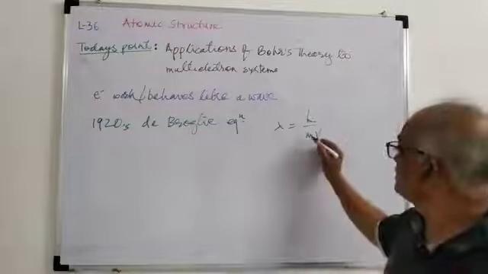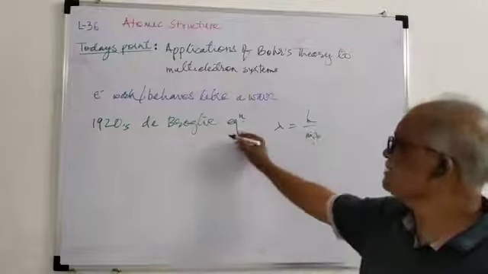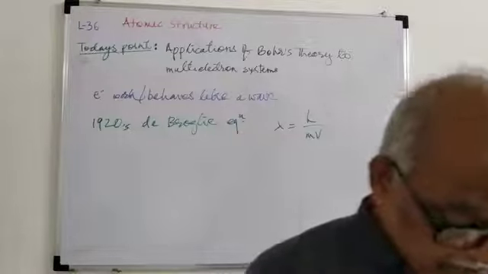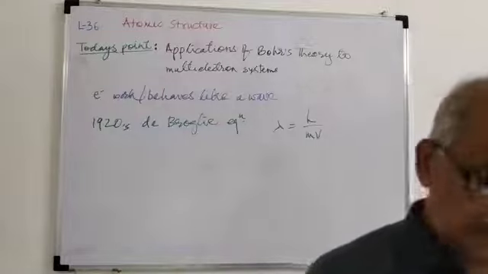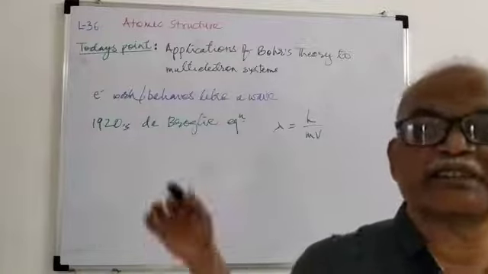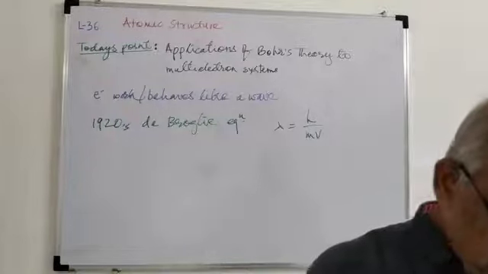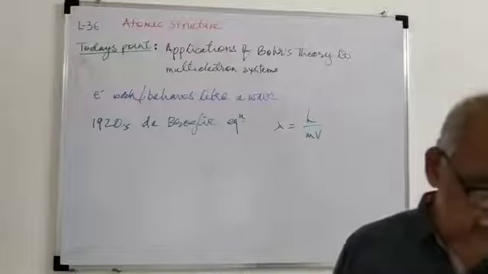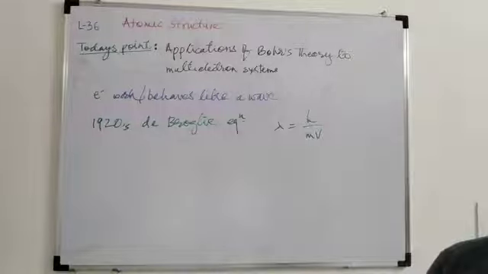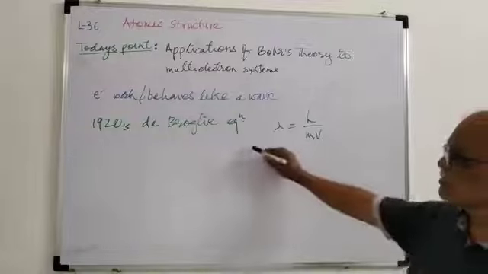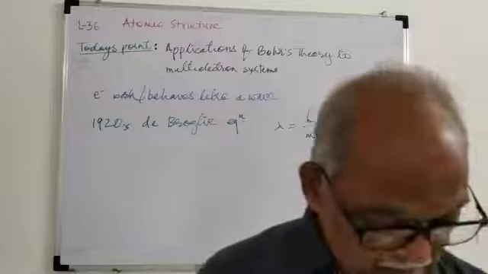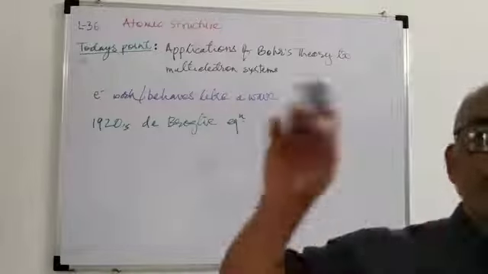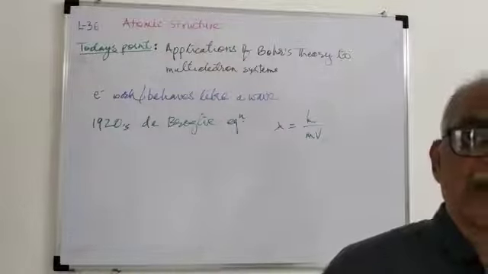So these are the various terms used by de Broglie, and this equation describes the wave nature as well as the particle nature of the electron. According to this equation, the electron moving in the orbit behaves like a wave.